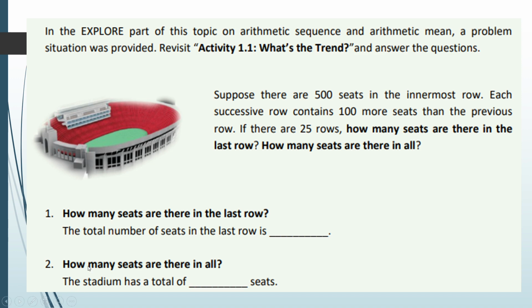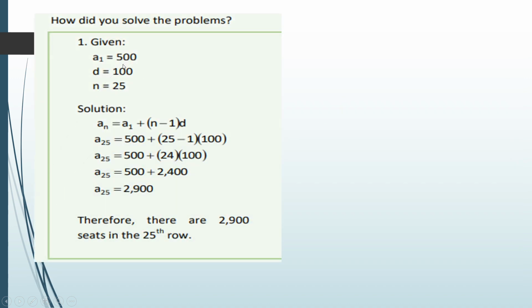Meanwhile, when you say how many seats are there in all from the first row to the 25th row, then that talks about the total or sum of the number of seats from the first row to the 25th row. Then that involves arithmetic series. So for the first question, how many seats are there in the 25th row?